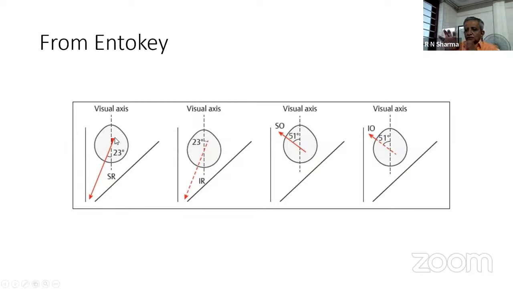Suppose it is a right-sided globe, it starts from here, goes above it, and gets inserted into the anterior superior outer quadrant. This is again important for remembering the action. Where is it inserted? It is inserted into the anterior superior outer quadrant.